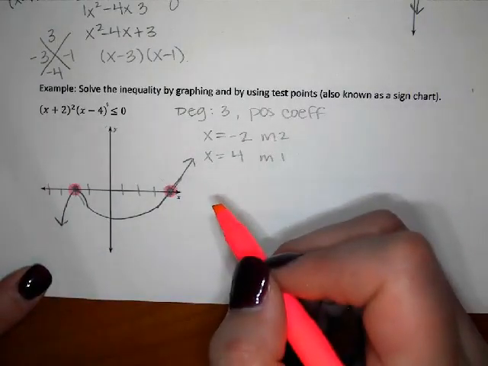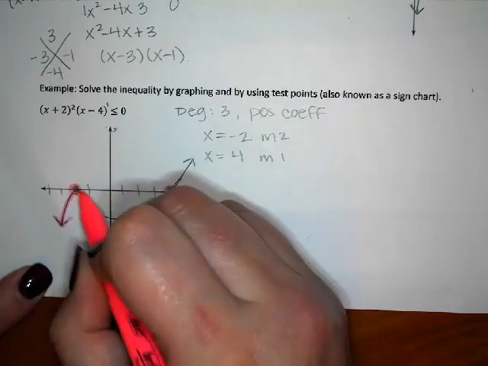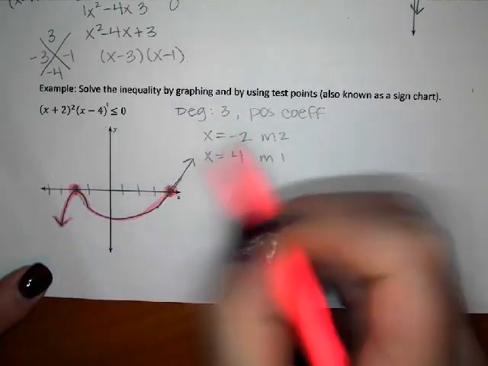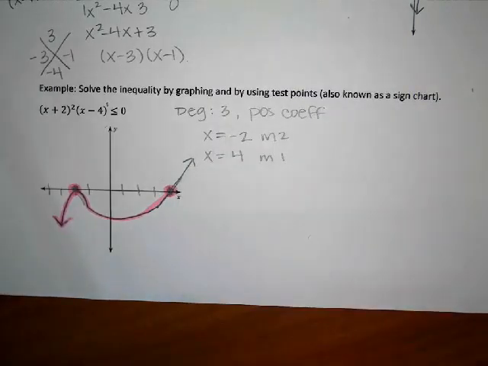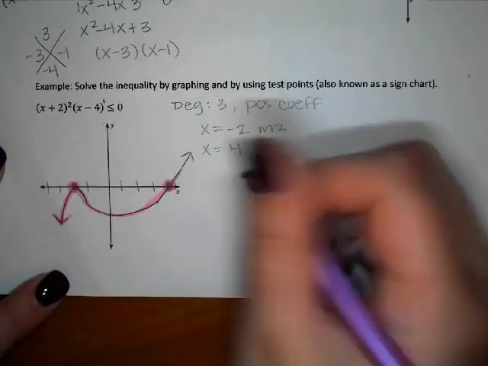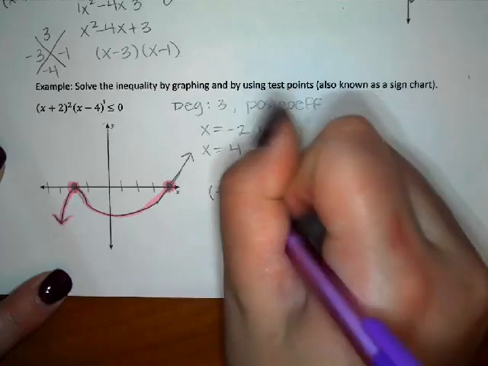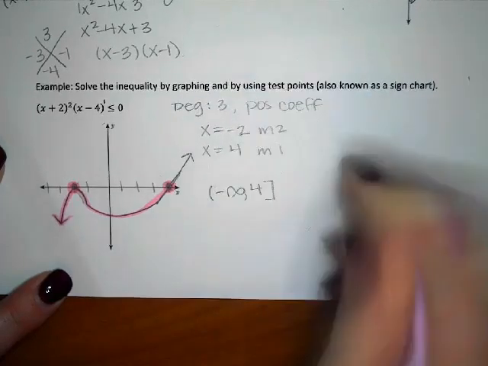So y-coordinates are going to be negative down here, and they're going to be positive up here. So that means that all of these values work, and so our solution is going to be -infinity to 4 inclusive, which means we include the 4.